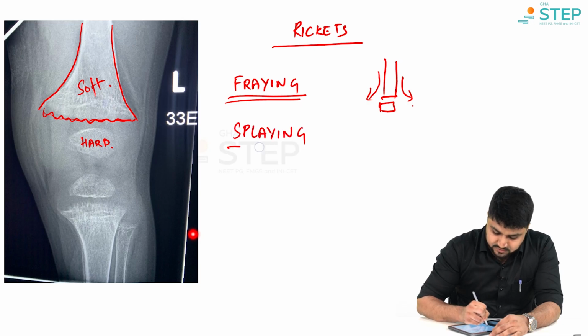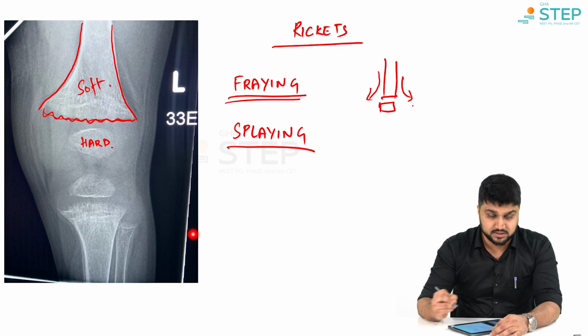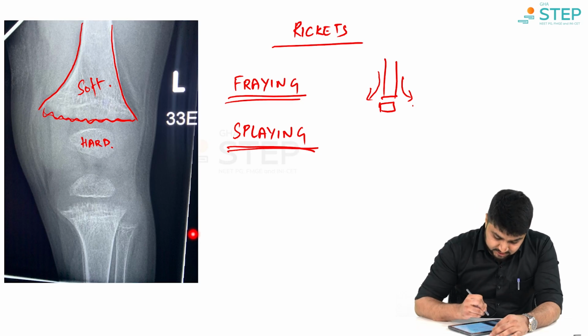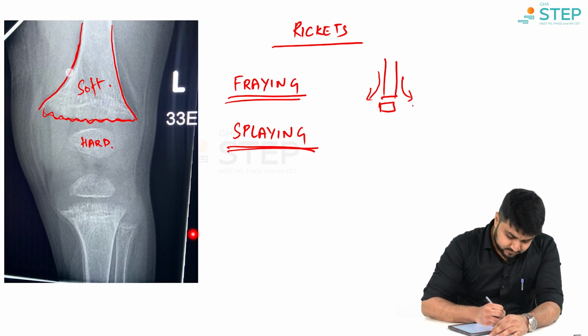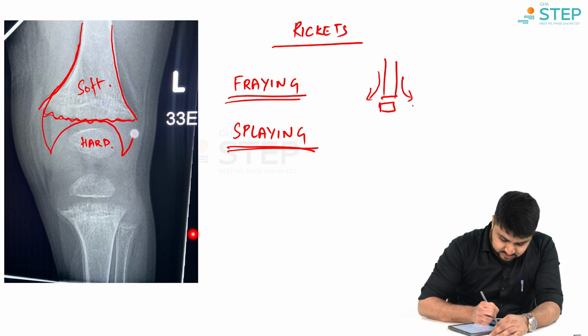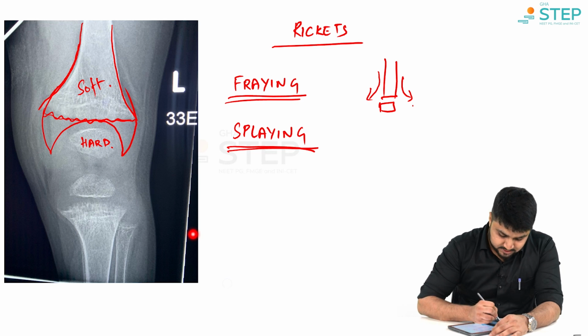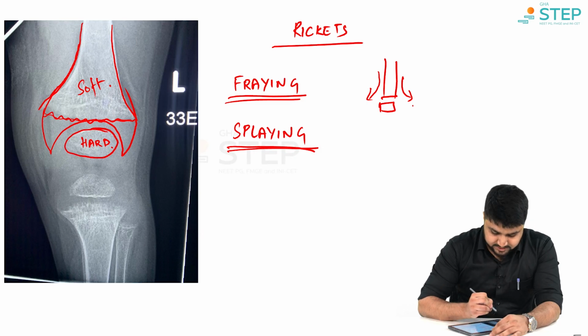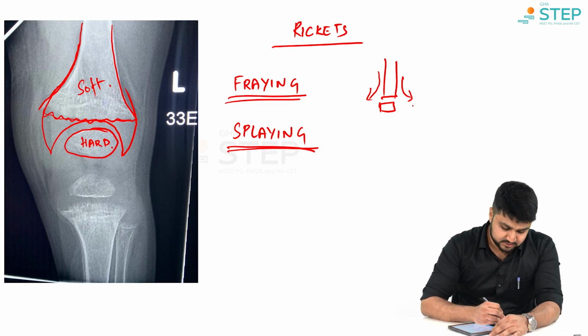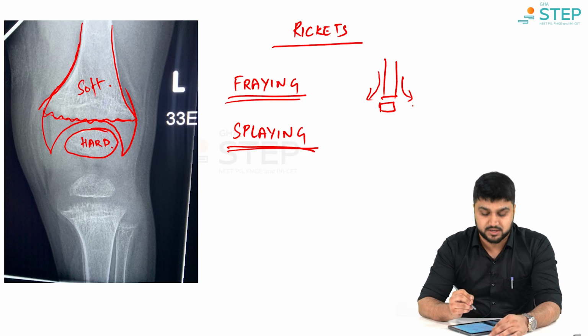This happens only if the child is walking or weight bearing on the extremity. As you continue weight bearing on this extremity, this soft bone will remodel around the epiphysis and cup it. The epiphysis stays in its place normally while the soft metaphysis tends to remodel around it.